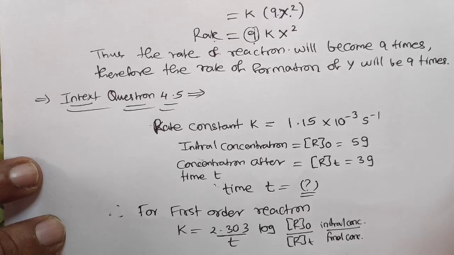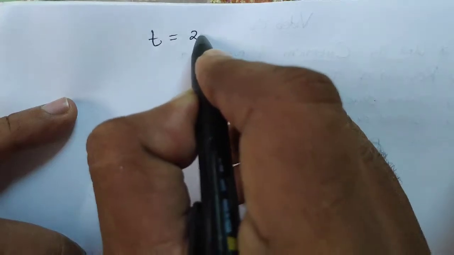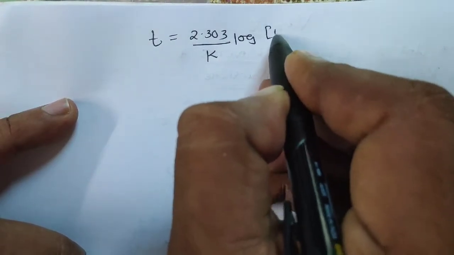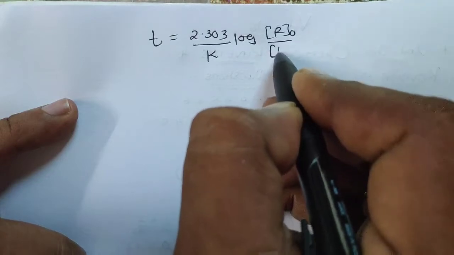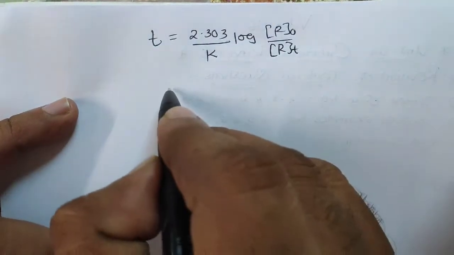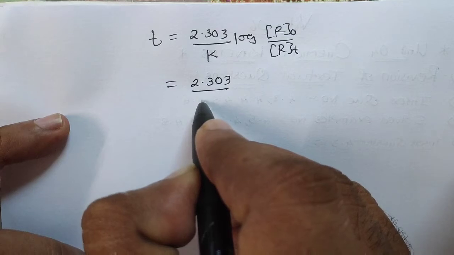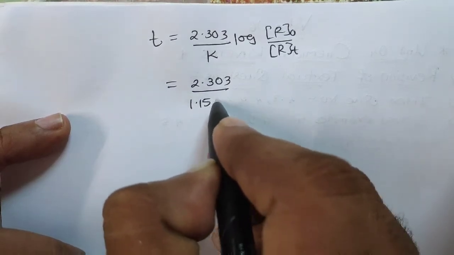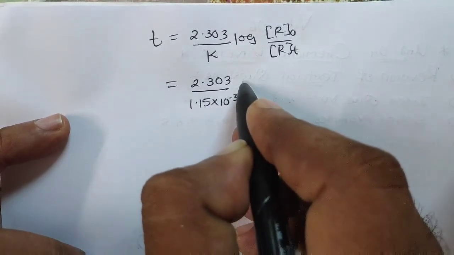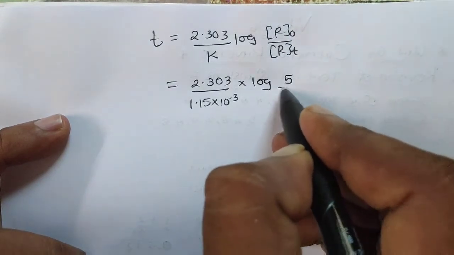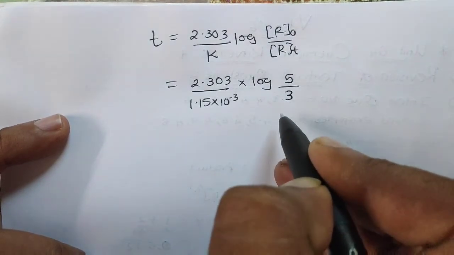If I interchange the formula, t will be equal to 2.303 by k log R0 by Rt. Now I will substitute the values: 2.303 by k, k was 1.15 into 10 raised to minus 3, into log R0, the initial concentration, 5 gram divided by 3 gram.